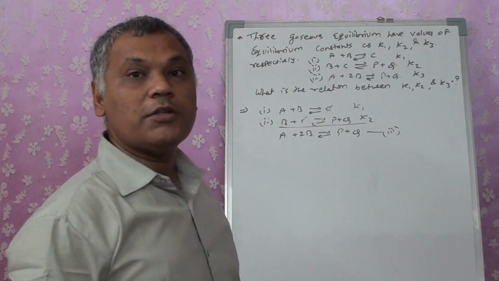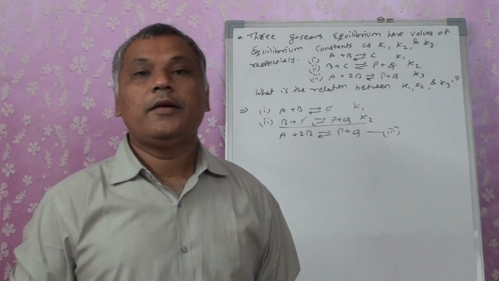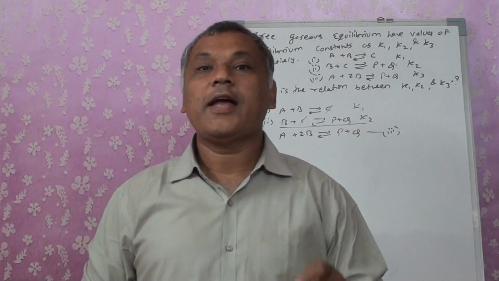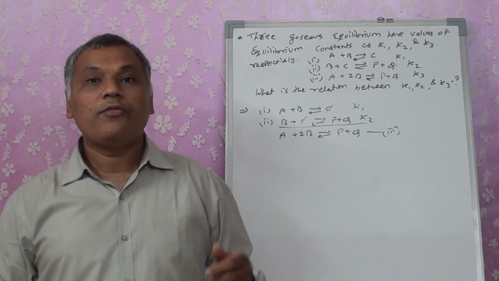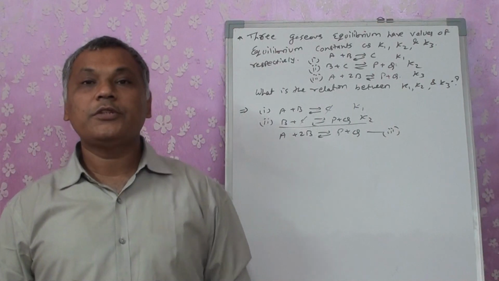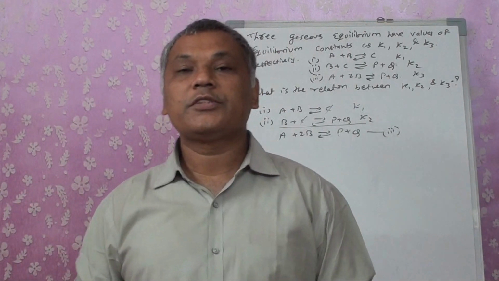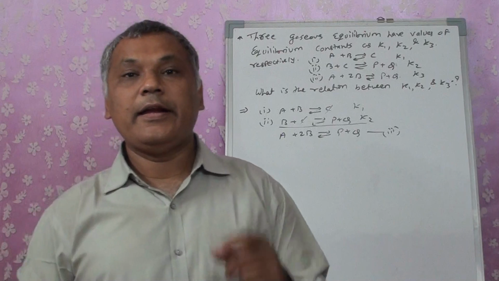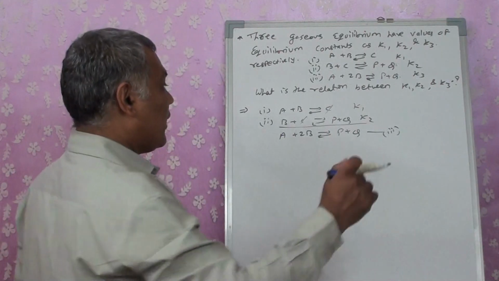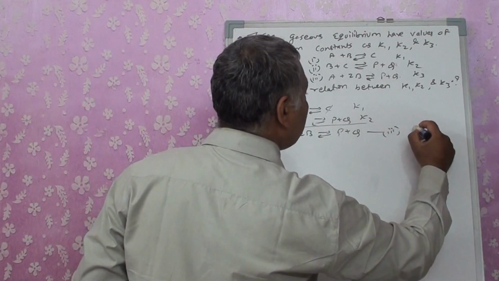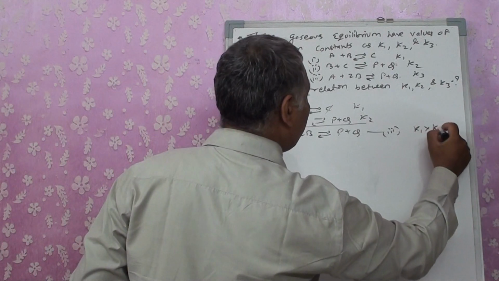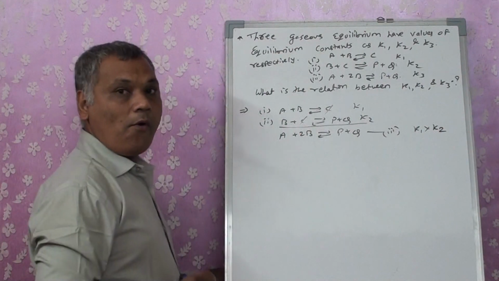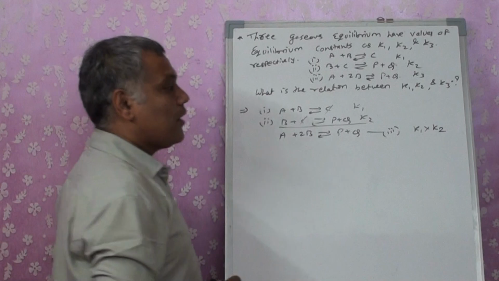Here they are constants and will be multiplied. When the summation of reactions is done and we go for the equilibrium constant, those equilibrium constants are not added, they are multiplied. So we will get K1 into K2.